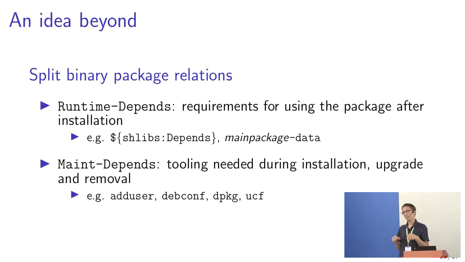One thing that it may improve besides DPKG_ROOT is actual stable upgrades, because we may be able to break dependency loops. It may become possible to configure a package with just its maintainer dependencies while not having satisfied its runtime dependencies yet. So it may result in fewer dependencies being relevant during an upgrade.